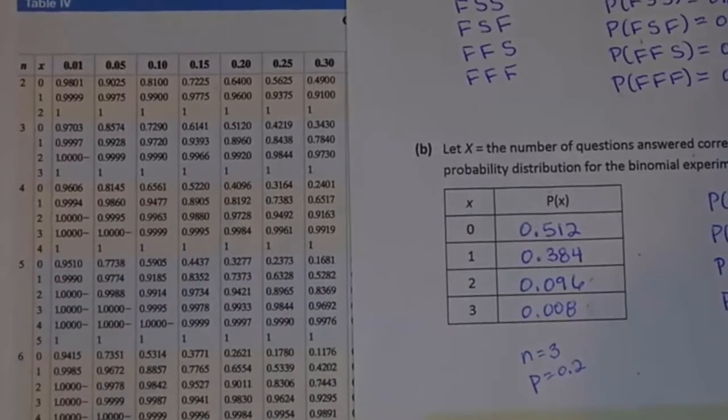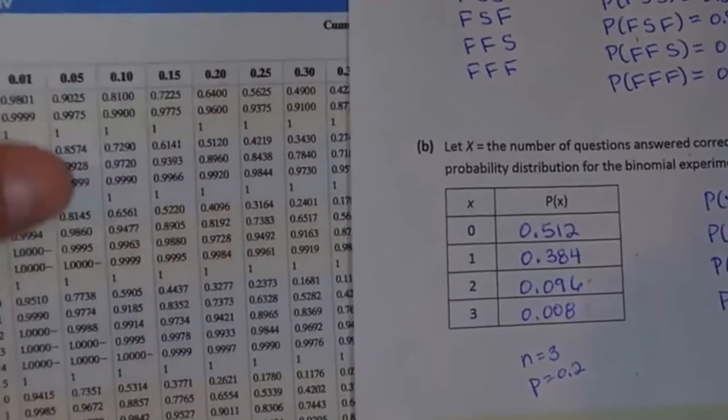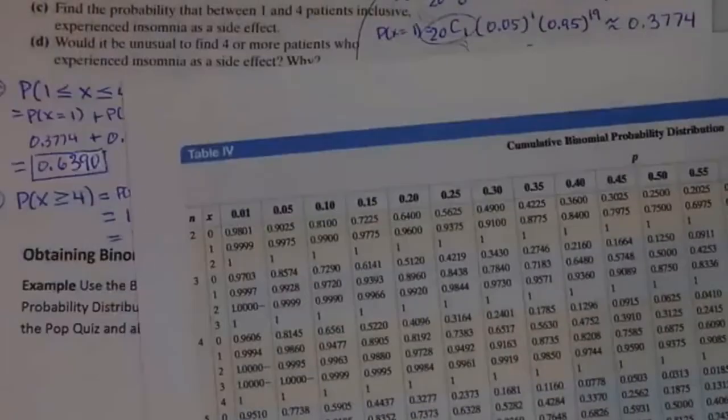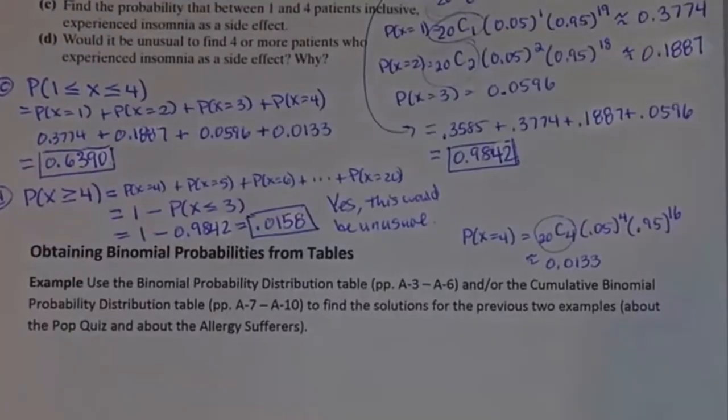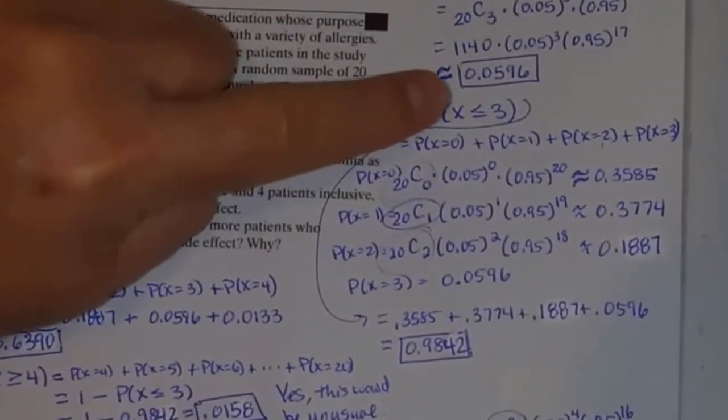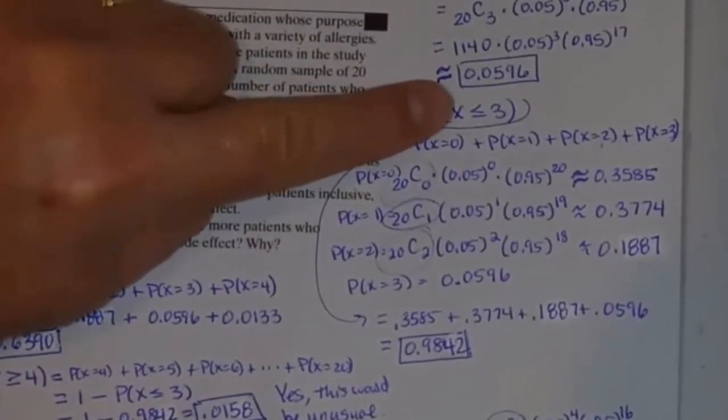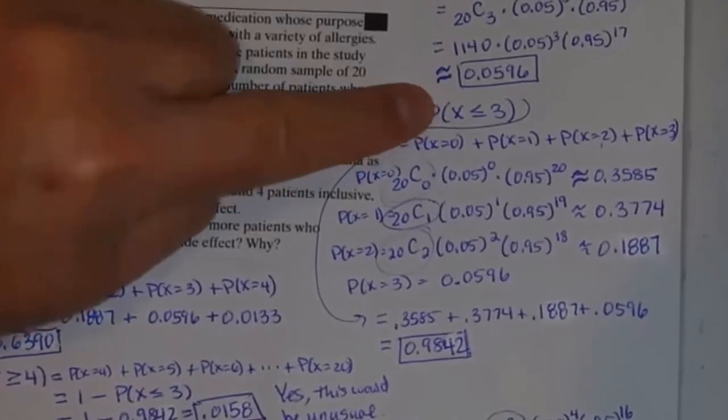So the cumulative table is going to be useful for questions like question 3 here. What's the probability of 3 or fewer successes? What's the probability of 3 or fewer people having insomnia?